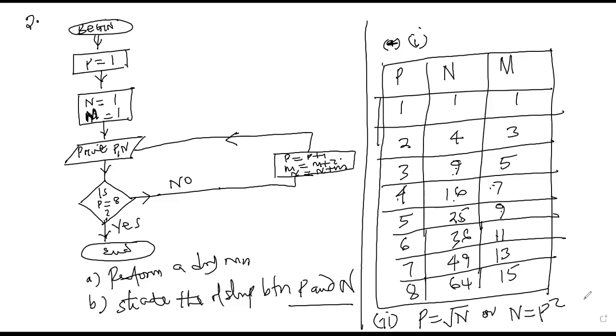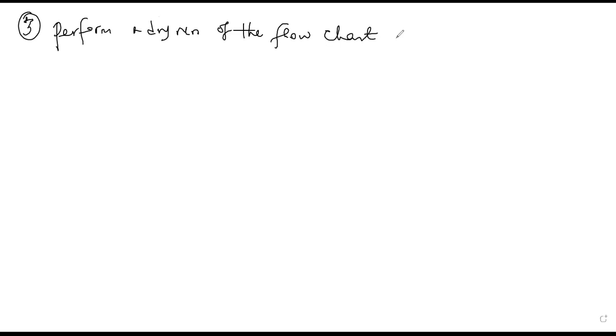Okay, so I'm going to give an assignment, all of us, to perform. That's supposed to be my number 3. I want you to do it. Perform a dry run of the flow chart below. What is the relationship?